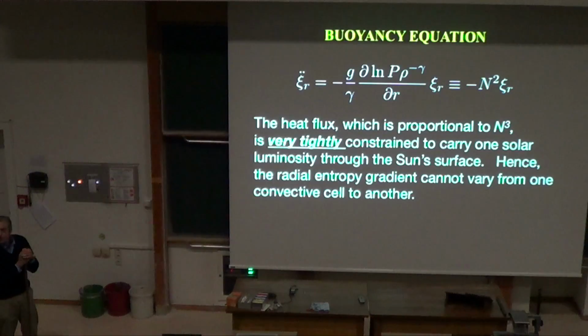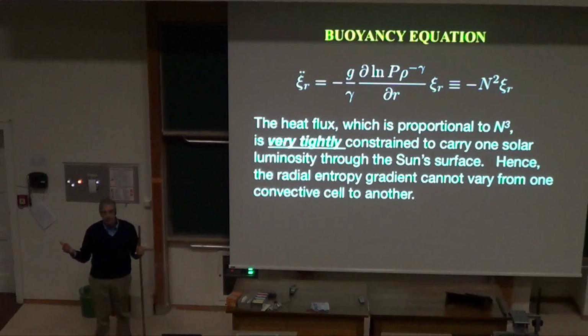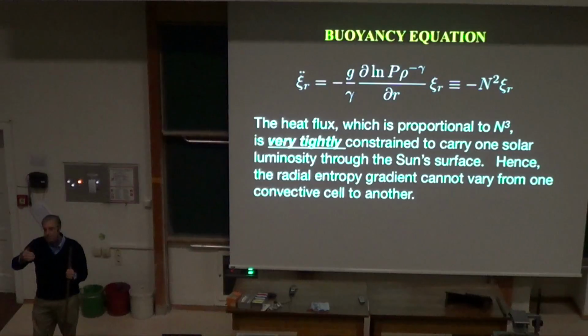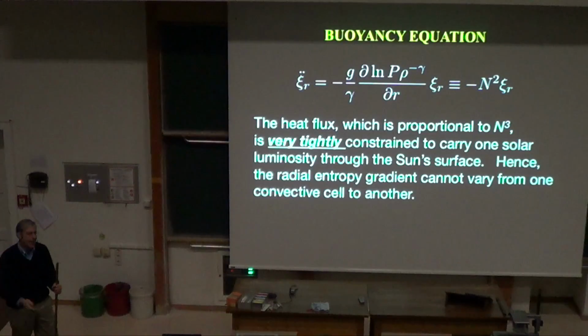The sun's been there for 4.5 billion years. By now it has found a happy equilibrium. The radial entropy gradient itself can't vary very much from one convective cell to another convective cell. Remember, these things are predominantly, overwhelmingly in the radial direction.